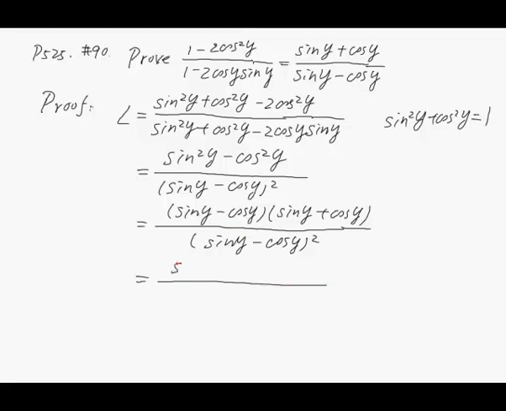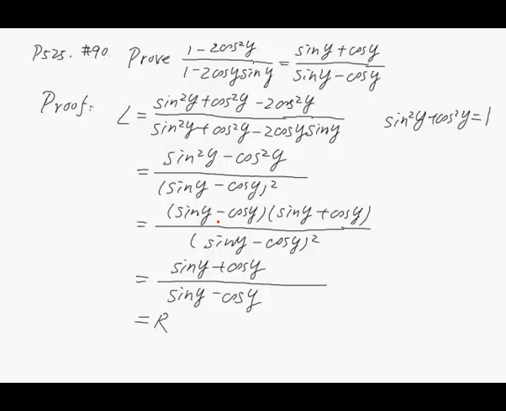Then you get sine y plus cosine y over sine y minus cosine y. And this is the right hand side. So in such a way, we finish the proof of this problem.